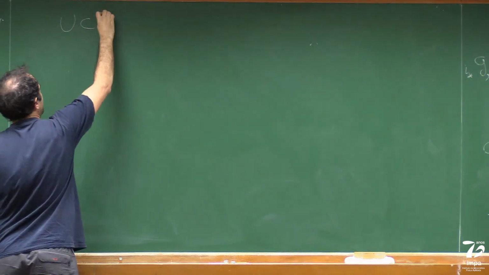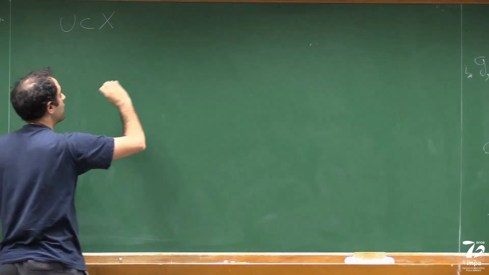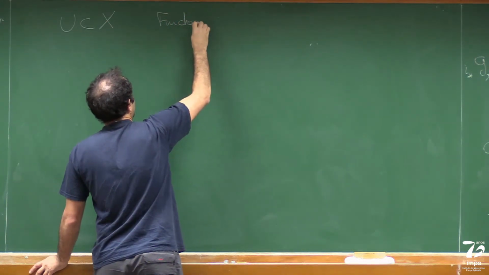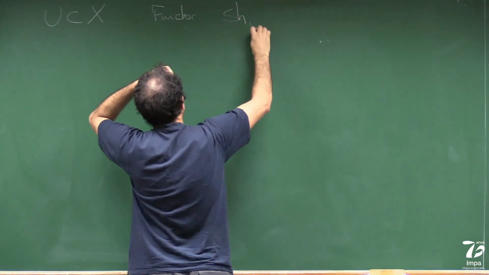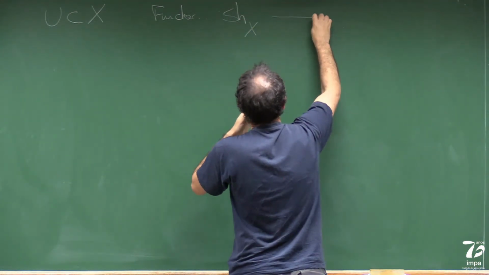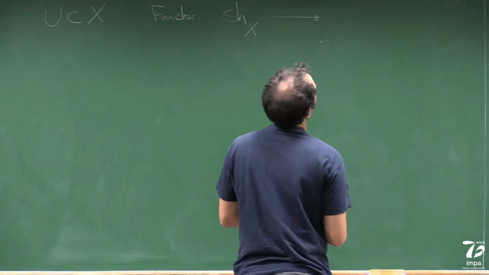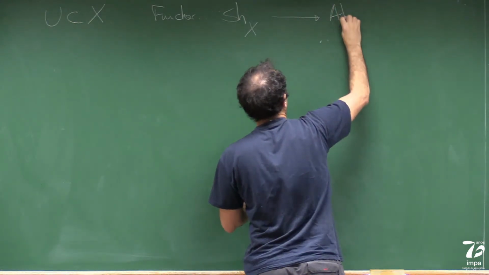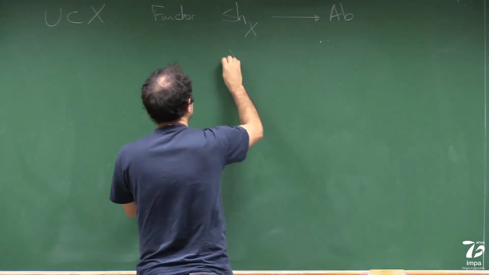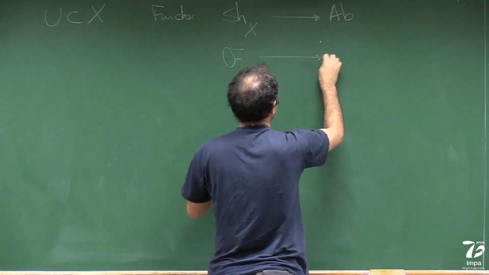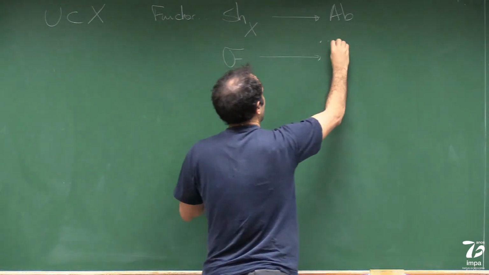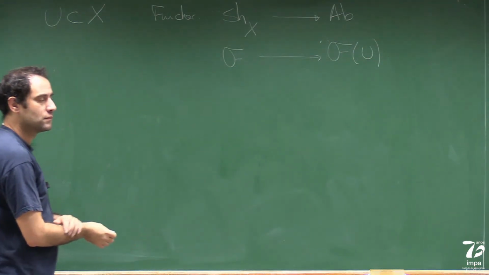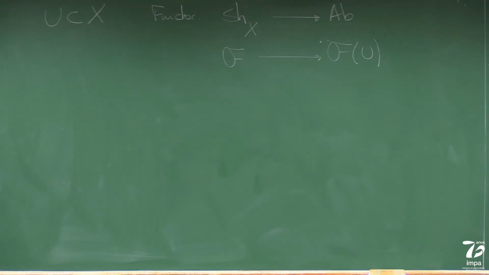given an open U in a space X, I have a functor from sheaves in X to abelian groups that sends the sheaf F, this is a sheaf on the full X, and gives me back the sections on U, this F of U. This is a well-defined functor.